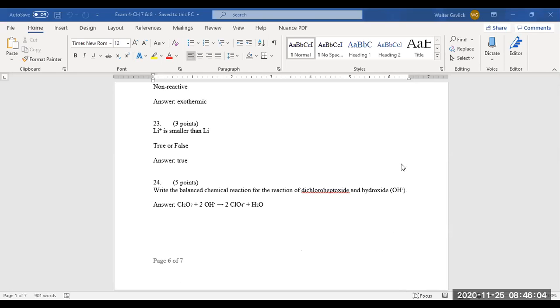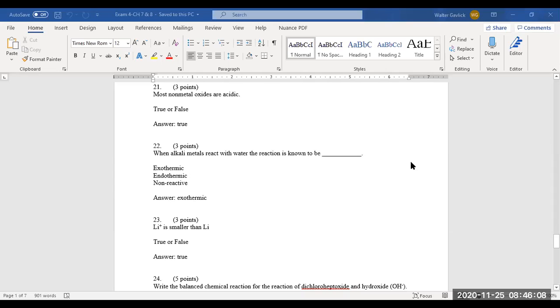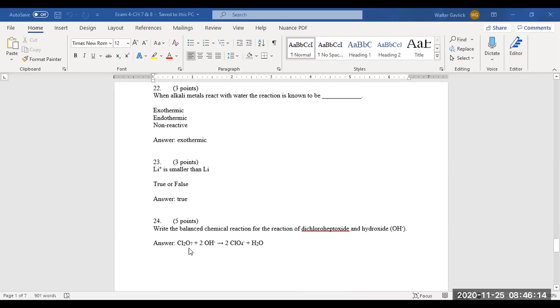And the other thing you needed to remember was, if we go back up to 21 here, we said most nonmetal oxides are acidic. So this is a nonmetal oxide, so we know it's acidic. So it'll react with OH. You also may have remembered that nonmetal oxides react with base to form salt and water. So those were some clues there.